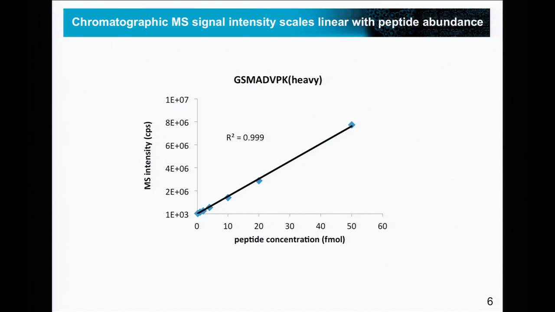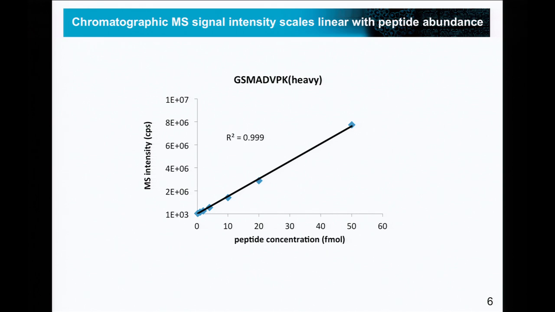And this is shown here for one example. So this is a synthetic peptide, a so-called AQUA peptide that carries a C-terminal heavy-labeled lysine residue, which was purified so that you knew the concentration of that peptide, and then I performed a dilution series experiment of that peptide ranging from 50 femtomole in the sample down to 50 attomole, and you can see that the mass spectrometric intensity that gets measured for this peptide at these different concentrations nicely scales linearly.